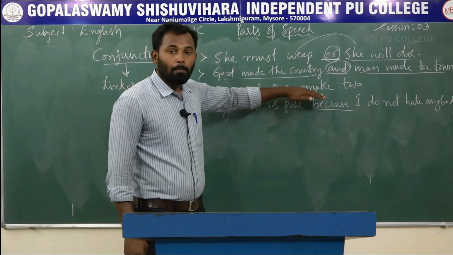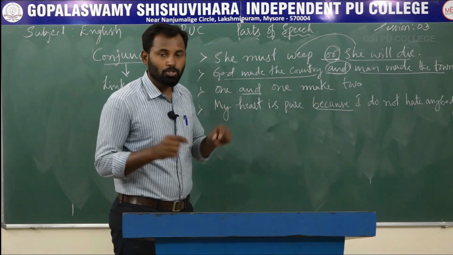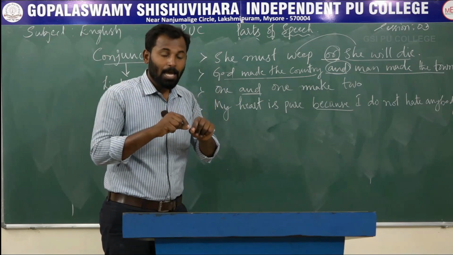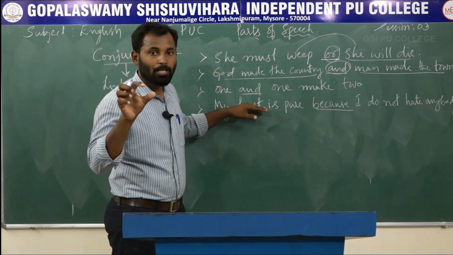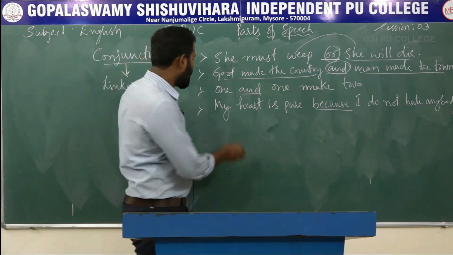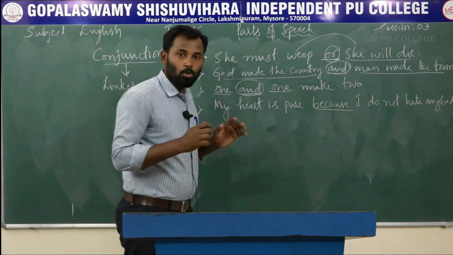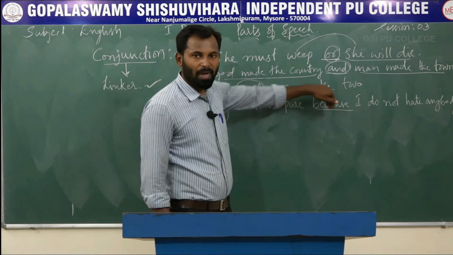One and one make two. I have already told you that a conjunction is used to join together two sentences or phrases and sometimes words. It is also used to link two words like one and one. So the conjunction and is used to link two words. One and one make two.